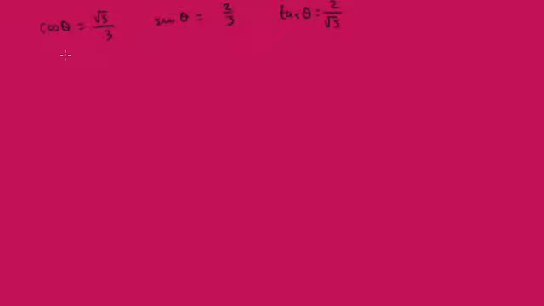So now we want to find out what this would be: 1 minus tan squared theta all over cosine theta plus sine theta. So let's slot in what we know. We've got 1 minus tan squared theta, which will be 2 over root 5 all squared, and then we've got cosine, which is root 5 over 3, plus 2 over 3, and now we're going to simplify.